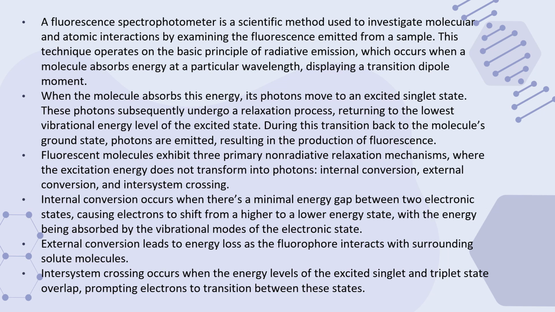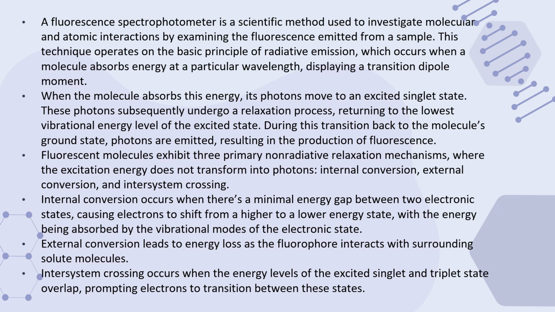Fluorescent molecules exhibit three primary non-radiative relaxation mechanisms, where the excitation energy does not transform into a photon: internal conversion, external conversion, and intersystem crossing. Internal conversion occurs when there is a minimal energy gap between two electronic states, causing an electron to shift from a higher to a lower energy state, with the energy being absorbed by the vibrational modes of the electronic state.